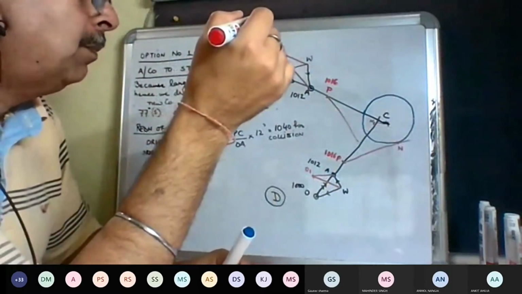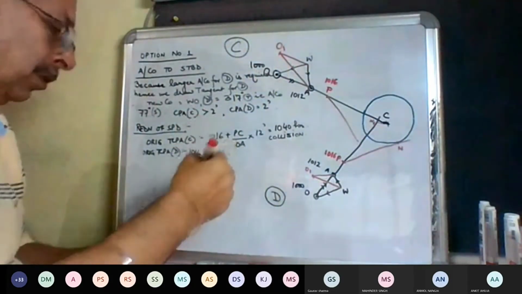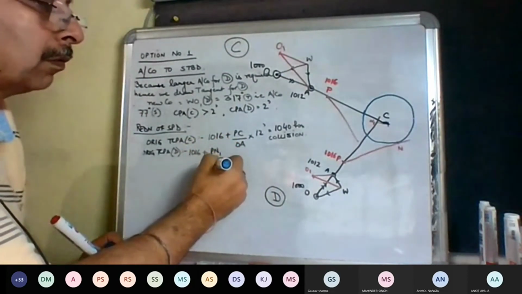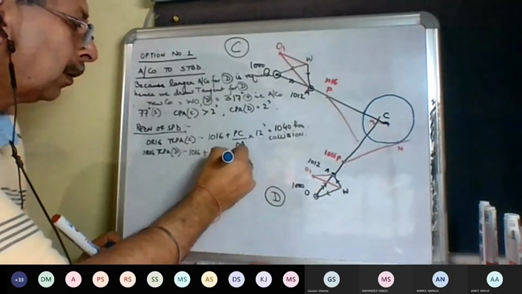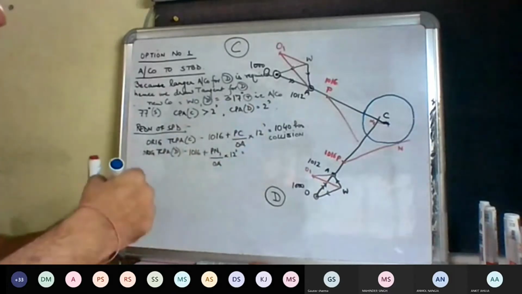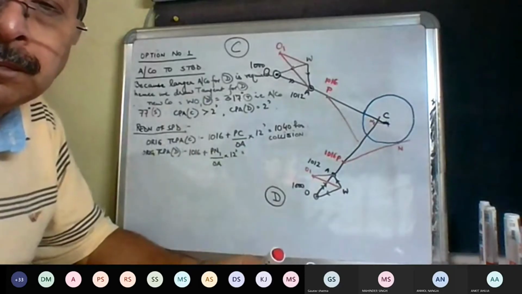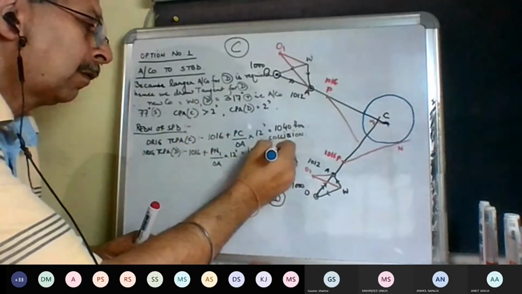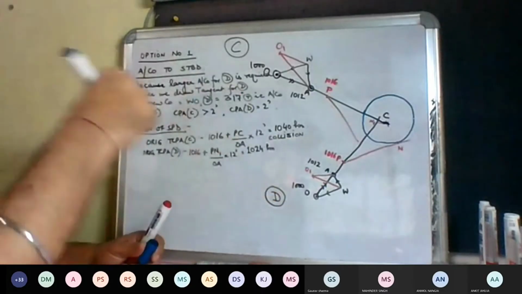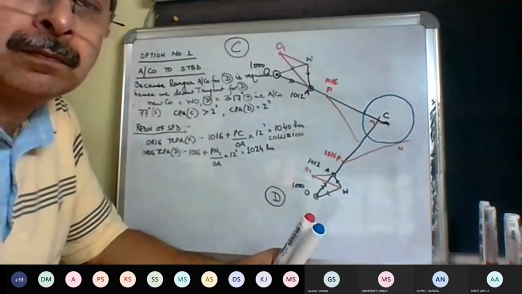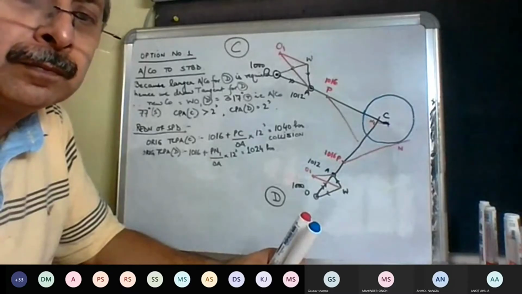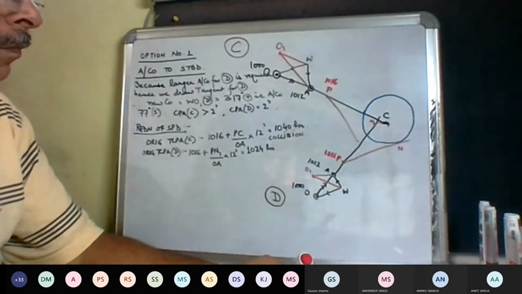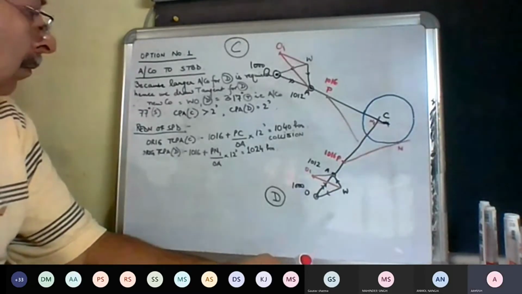N1 is the original CPA. So 1016 plus PN1 upon OA into 12 minutes. 24.